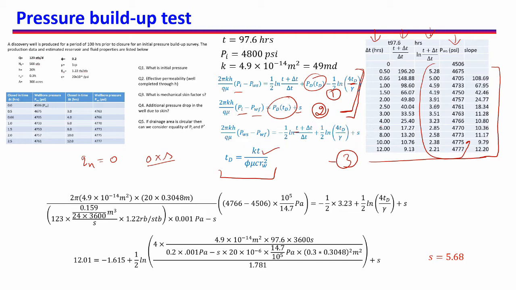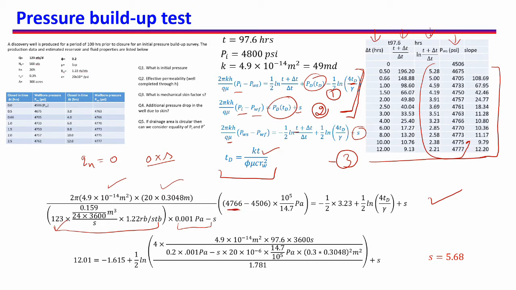So in equation 3 we are trying to find the only variable that is unknown till now, S. 2 pi k we already know, h we already know, q we need to use at reservoir conditions but it is given at surface conditions, and we change it to meter cube per second. Then viscosity we know.